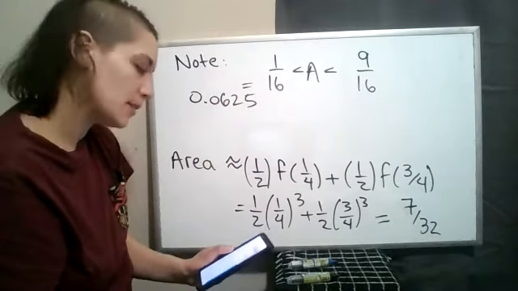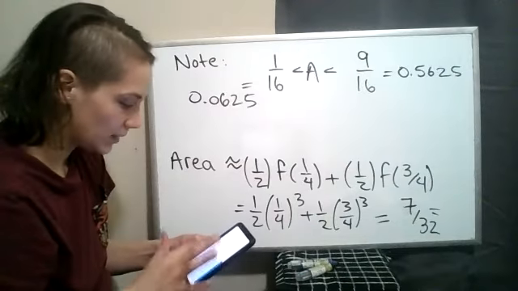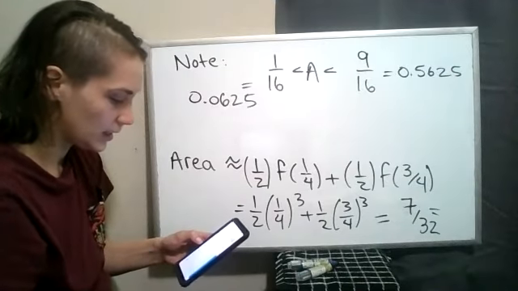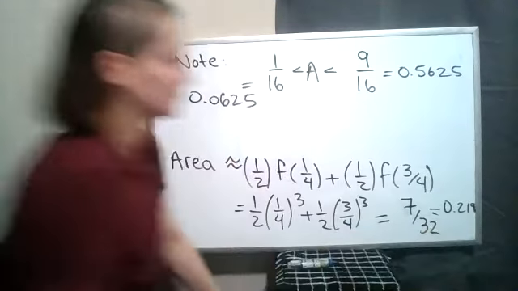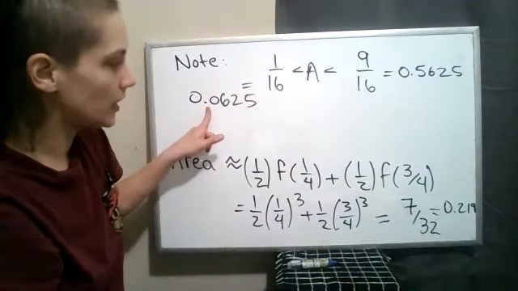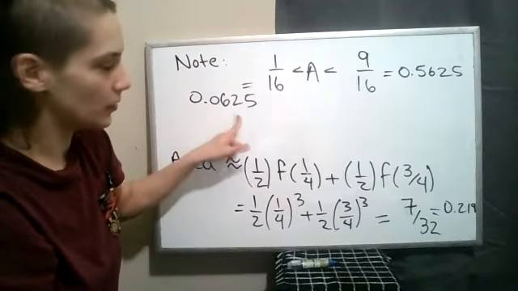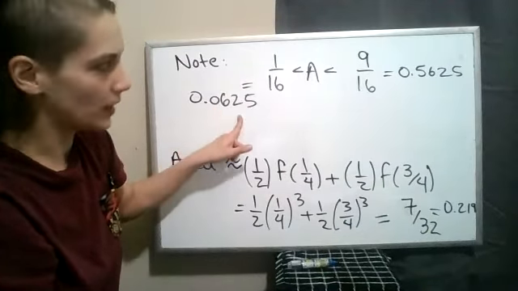So 7/32, I'm pretty sure it's in between those. 7 divided by 32 is 0.21, we'll call it 0.219, which is greater than 0.0625 but less than 0.5625. So this one's somewhere in this range too.